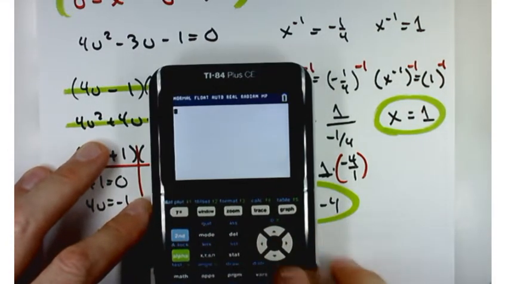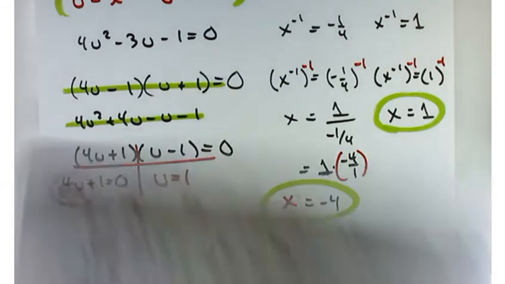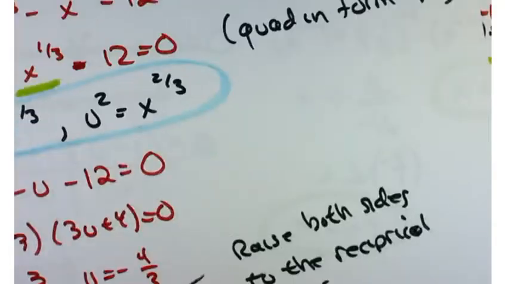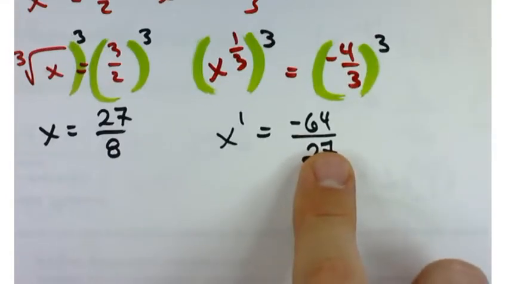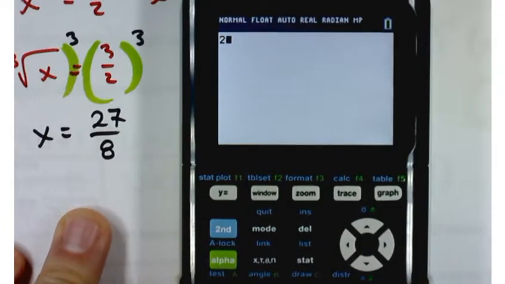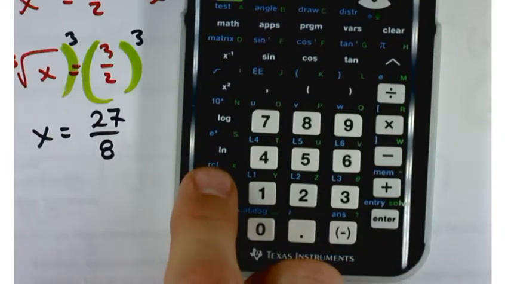So on the home screen, let's go back and we're gonna check our answers to this problem. Probably one of the nastier ones that you're gonna run into. So our answers were 27 over 8 and negative 64 over 27. So let's start with this one. So take 27 divided by 8, and then just above the on key, there's the store button.